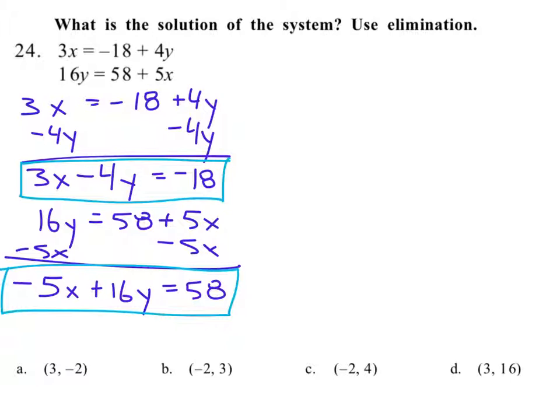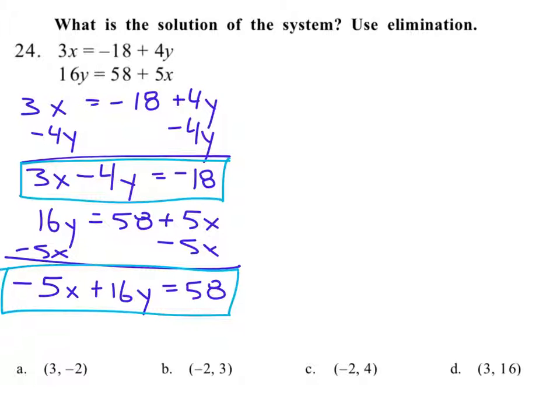Now, if you know what we're doing with elimination, what we're looking for are two variables that we can make have the exact opposite coefficient, okay? If we wanted to manipulate the x's, we'd have to change this equation from 3 to its common multiple of 15, and change this one to make it say negative 15x.